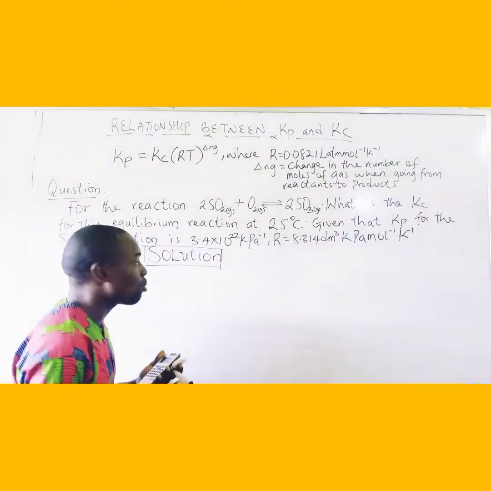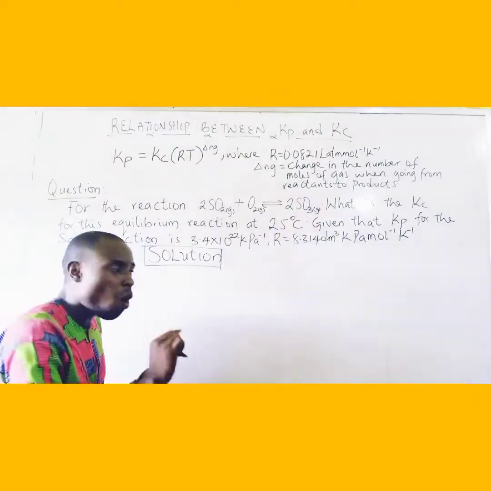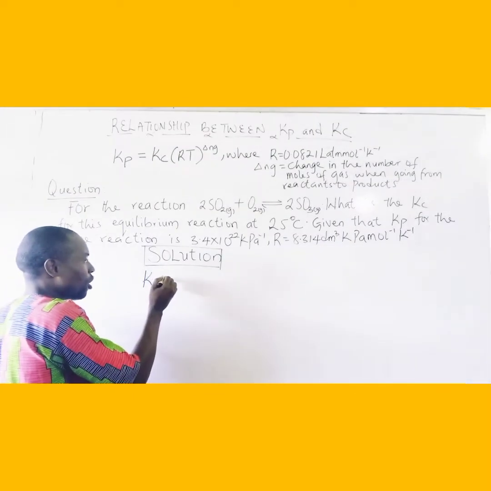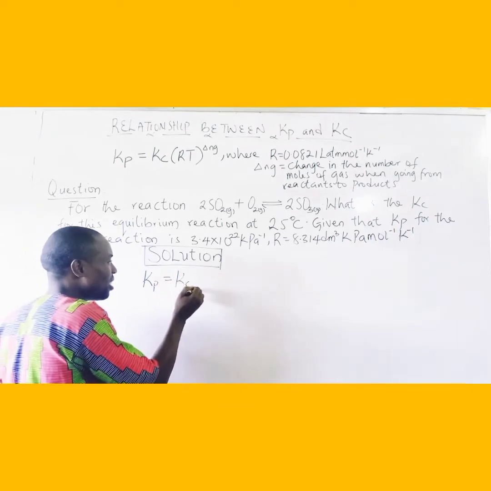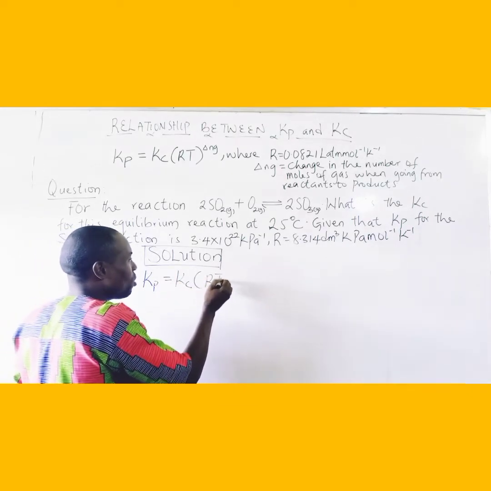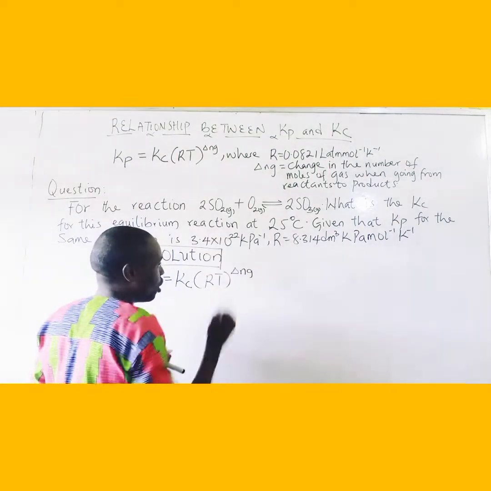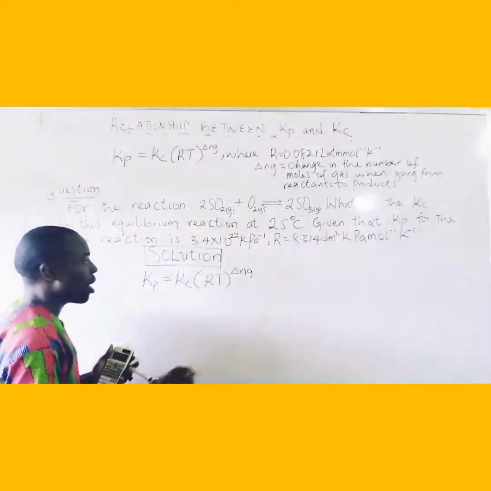Now, what do we do first of all? We will recall that Kp is equal to Kc (RT) raised to Δn, the change in the number of moles of the gaseous substance, which is the product minus the reactant.